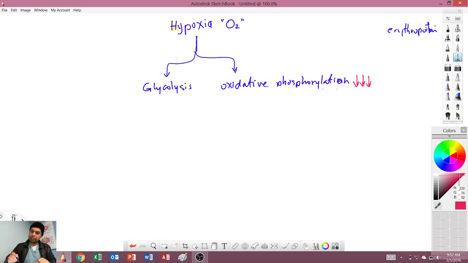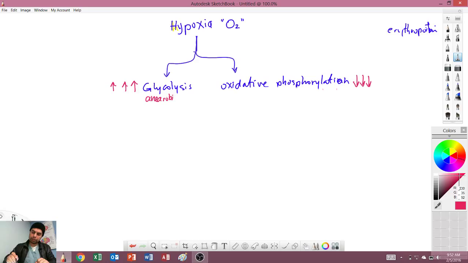And glycolysis is a compensatory mechanism. It should increase because instead of everything moving towards oxidative phosphorylation, all the glucose will be consumed by anaerobic glycolysis.